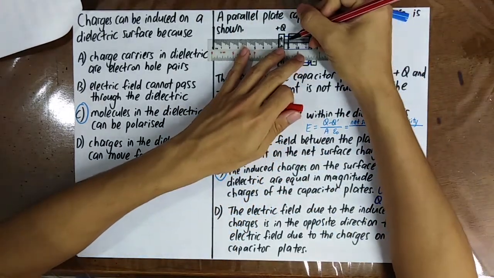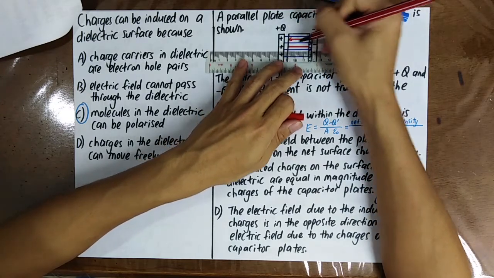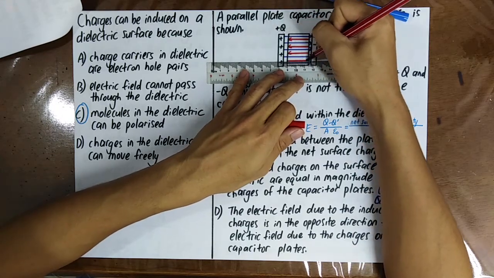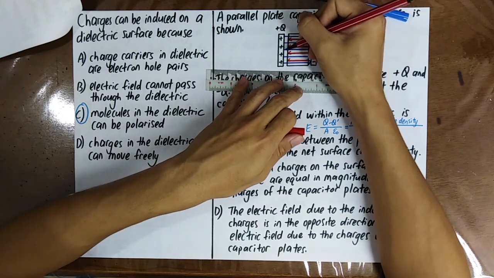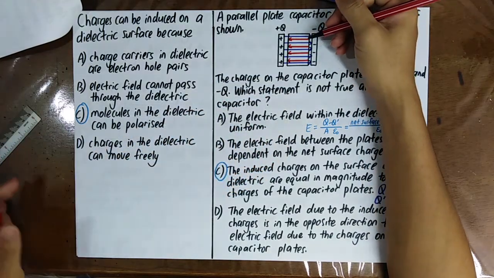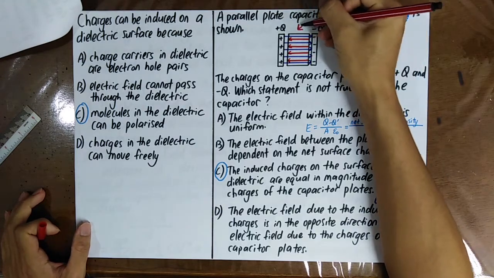And then the reverse electric field is only within the dielectric itself. That means that I cannot draw the reverse electric field in these spaces, okay? Because I know the reverse electric field is only within the dielectric, okay?